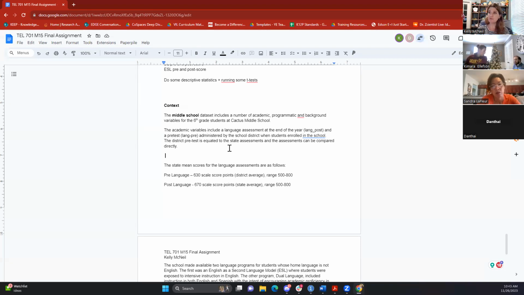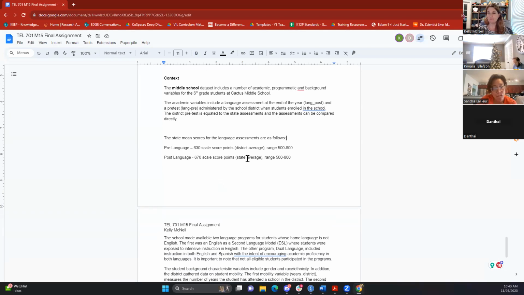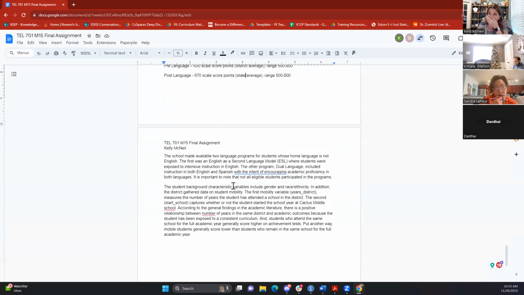The state mean scores for the language assessments are as follows: the pre-language is 630 scale score points (district average), and the range is 500 to 800. The post-language is 670 scale score points, which is the state average, and the range is 500 to 800. So the pre-test is the district average and the post is the state average.